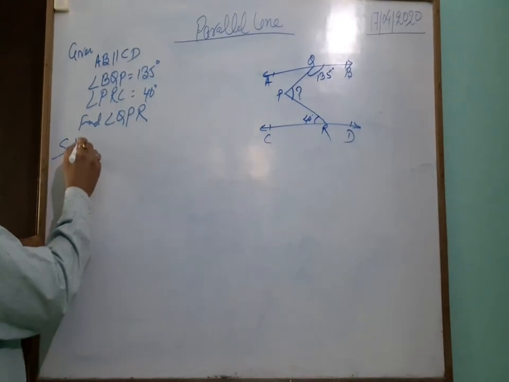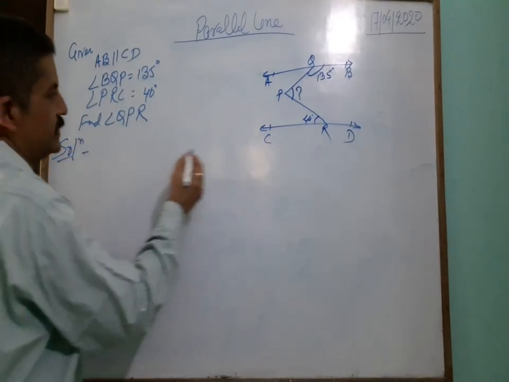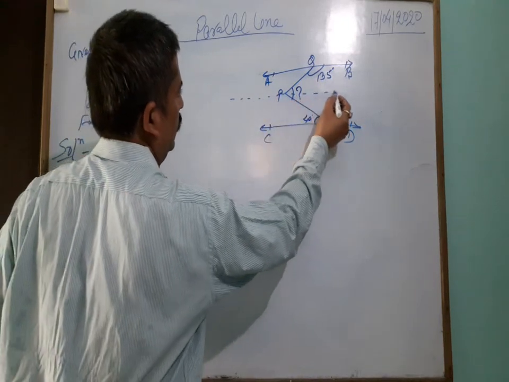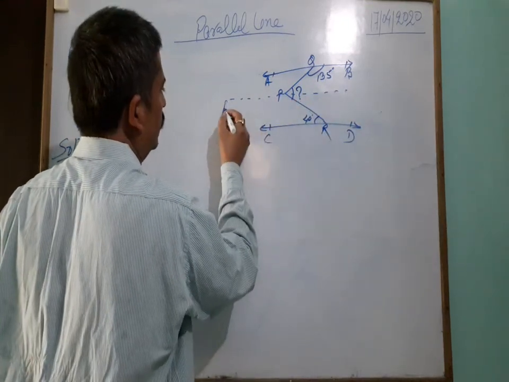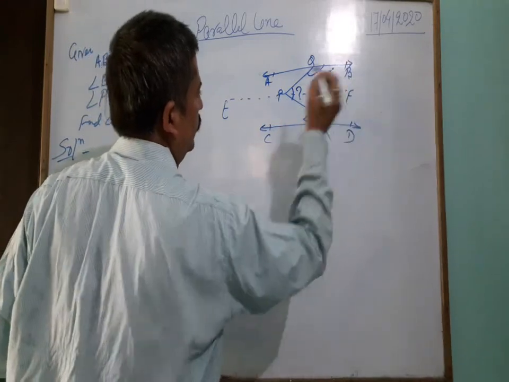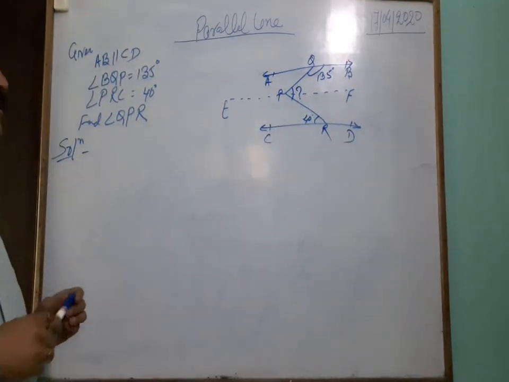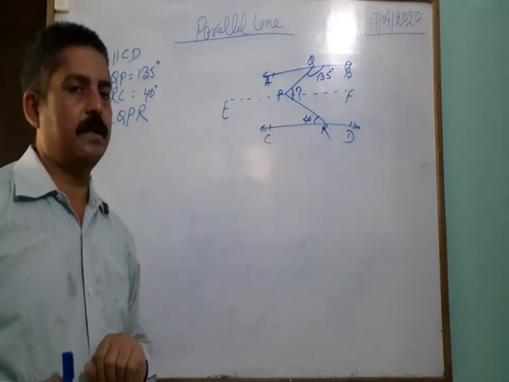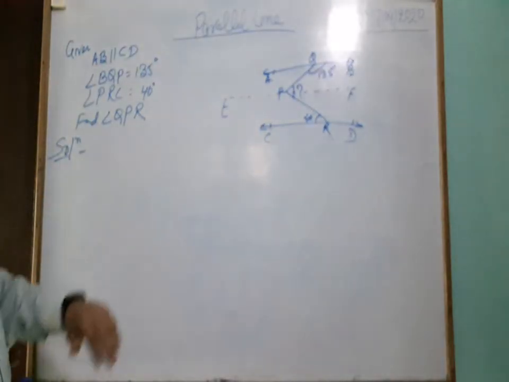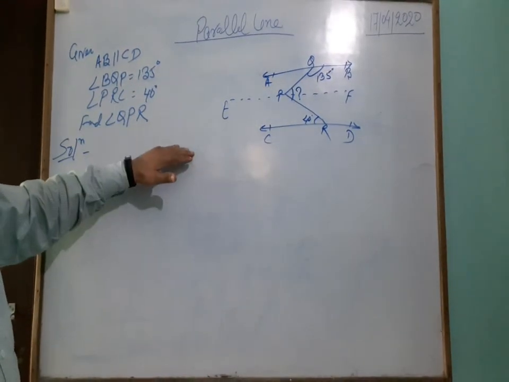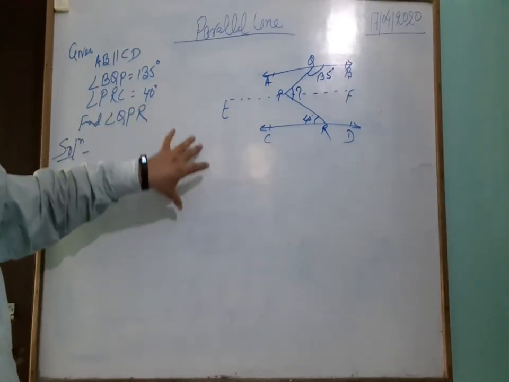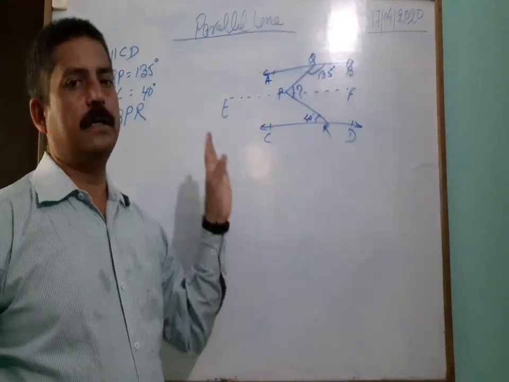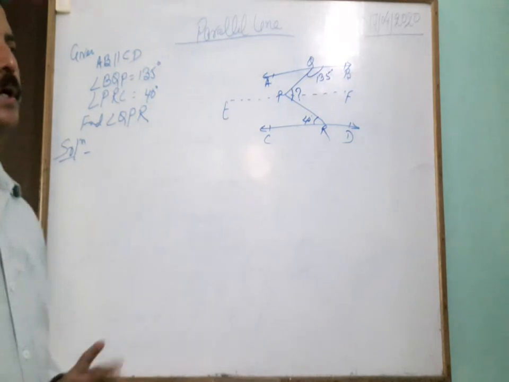Solution, where we construct one parallel line. Some students have said, sir, why do we just construct a parallel line? Because of the three types of angles we just learned: alternate angle, corresponding angle, and sum of the co-interior angles.